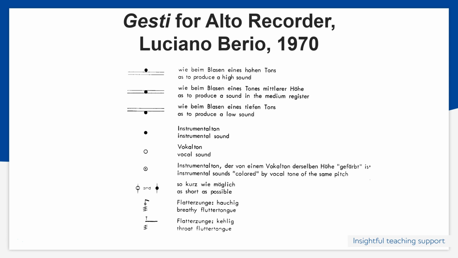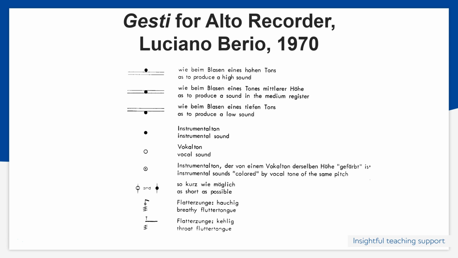A black dot is an instrumental sound, while a white dot is a vocal sound, and a white dot with a black centre is an instrumental sound coloured by the vocal tone of the same pitch. This means, as the recorder player is blowing, for example, the note A, they're also humming the note A into the recorder at the same time. Then we can see a white circle with a vertical line and a black circle with a vertical line.